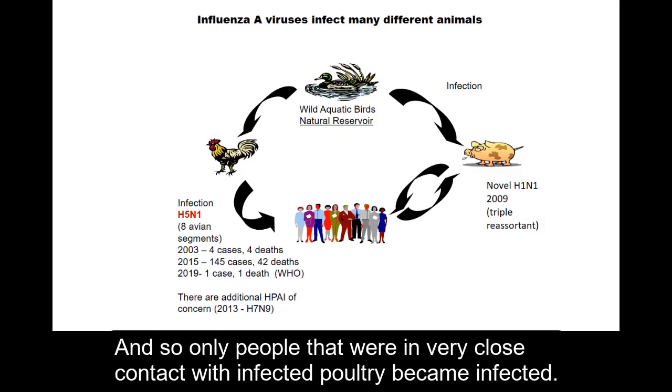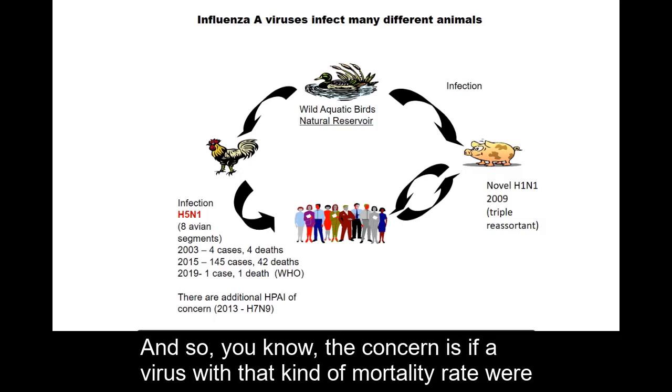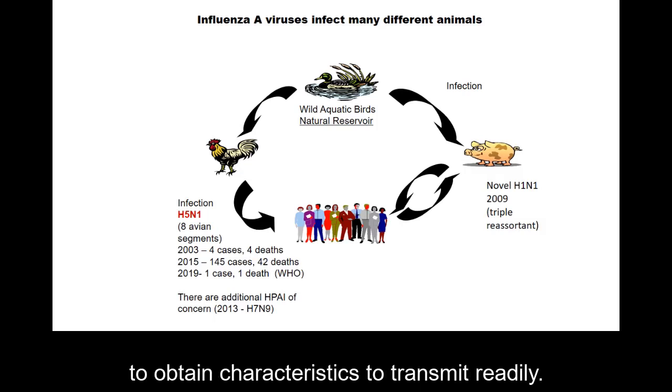And so only people that were in very close contact with infected poultry became infected. And so, the concern is if a virus with that kind of mortality rate were to obtain characteristics to transmit readily.